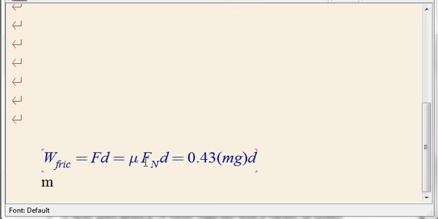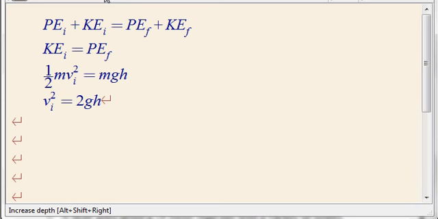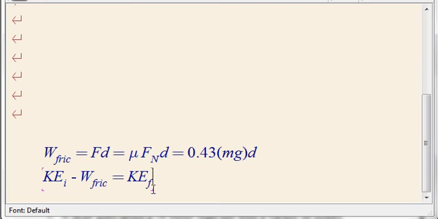So we have the initial kinetic energy, take away that friction, and you get the final kinetic energy, which actually comes from the same equation that we used before, that one with friction thrown in. I showed it in the previous problem. Potential energy isn't changing here, so it doesn't show up in the equation.